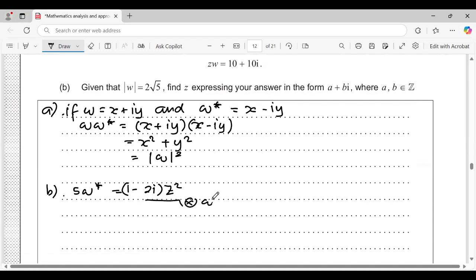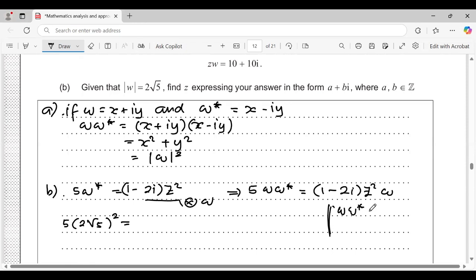If we multiply by W, it becomes 5 W W conjugate equals 1 minus 2I Z squared W. And this 5 W W conjugate is 5 times 2 square root 5 squared, because according to the information that modulus W is 2 square root 5, W times W conjugate equals modulus W squared, which is 2 square root 5 squared.